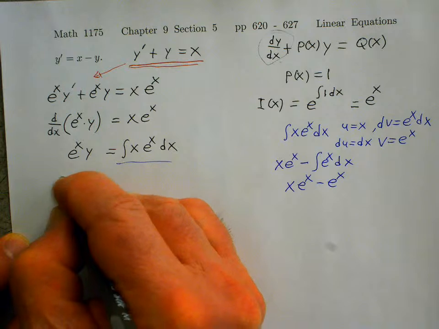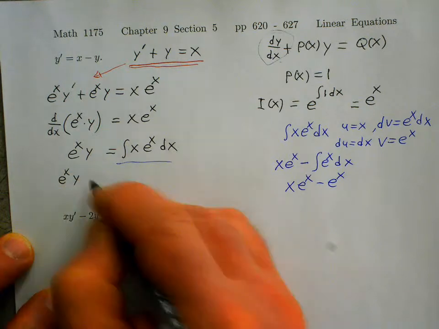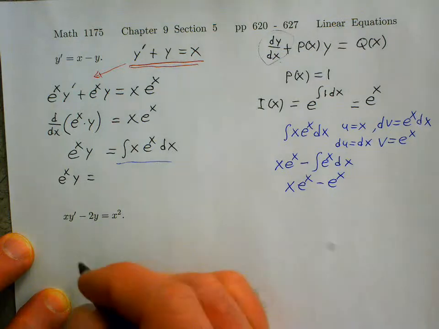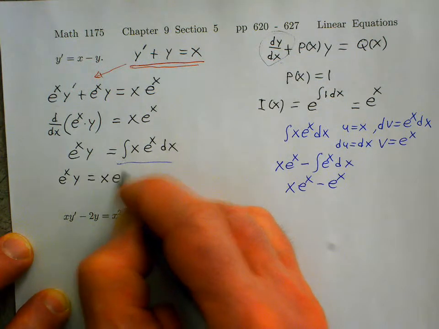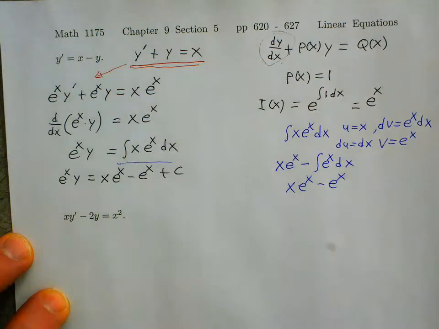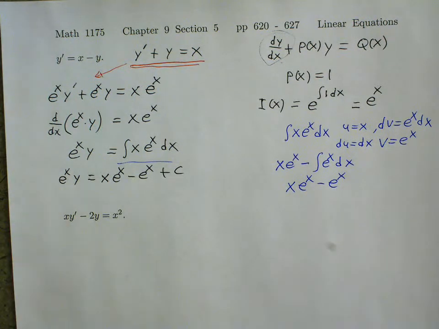Okay, so over here, e to the x times y equals this, and then plus a constant. So x e to the x minus e to the x plus a constant. The goal is to solve for y, so all we have to do now is divide both sides by e to the x.